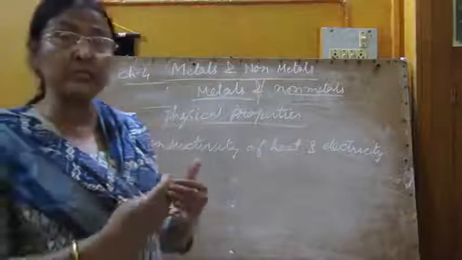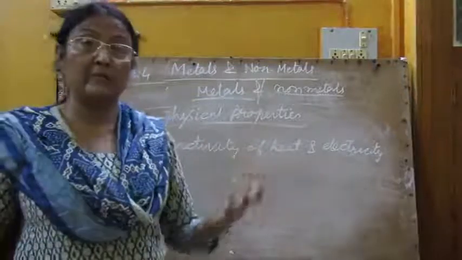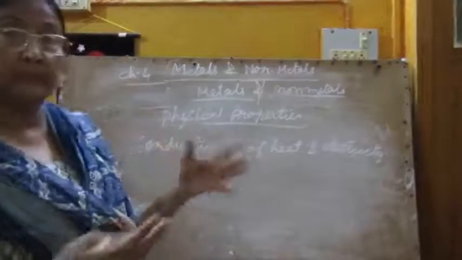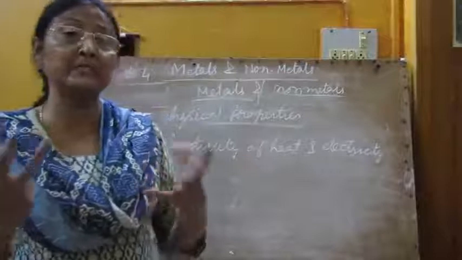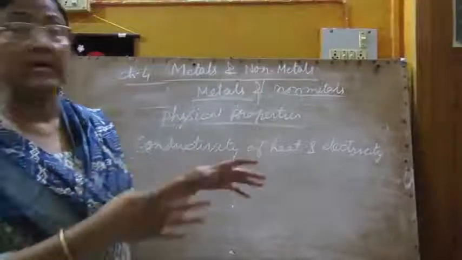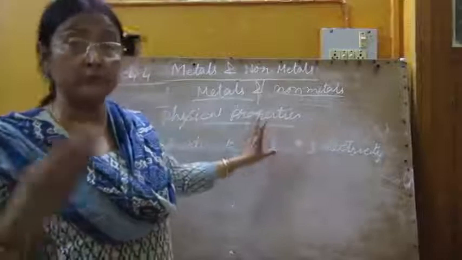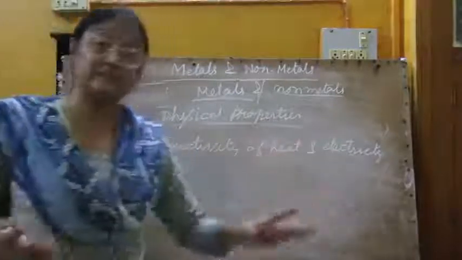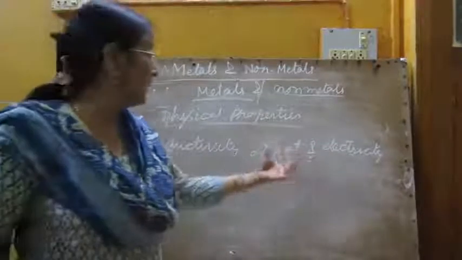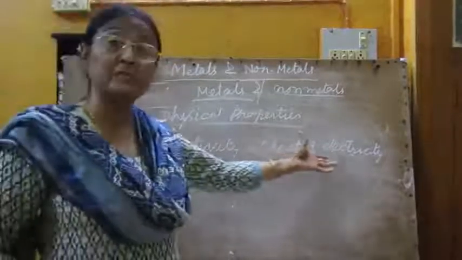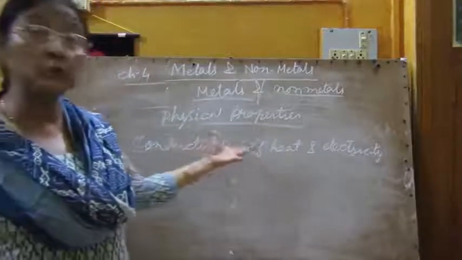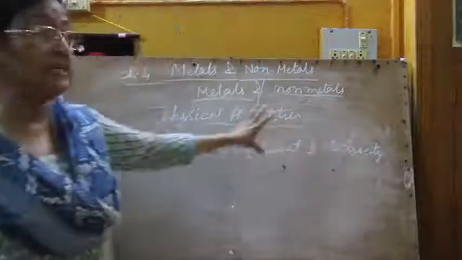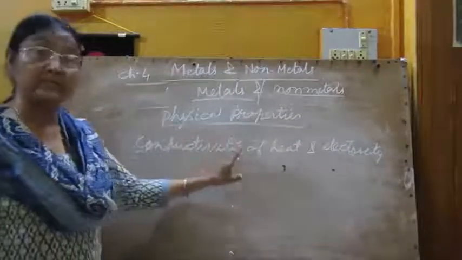So to make it cheap, we use copper wire for the conductivity of electricity, and we make utensils which we use for cooking, and also the geyser and heater, with metal. Because metals have the property to conduct heat and electricity, that is a very good quality of metals.